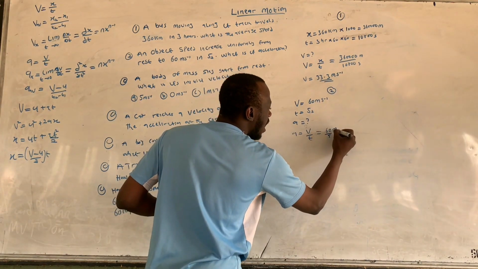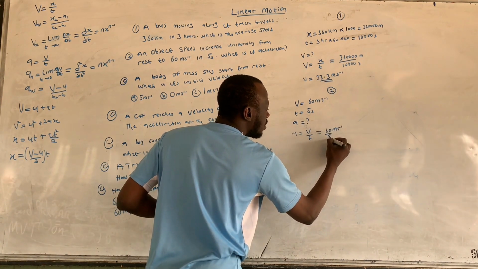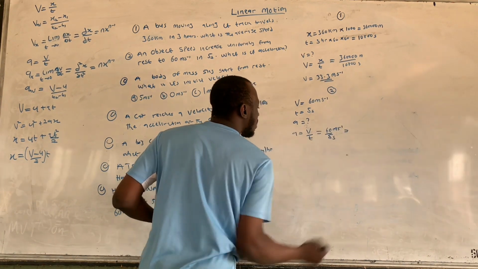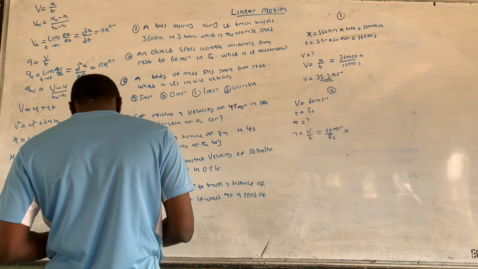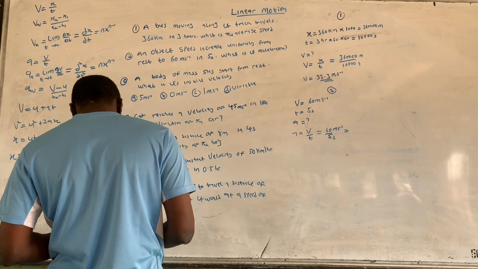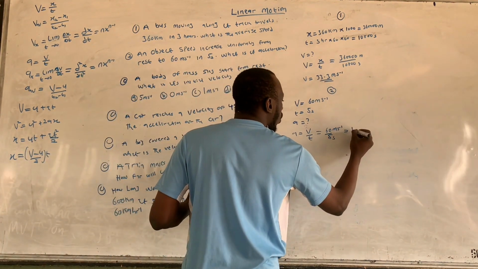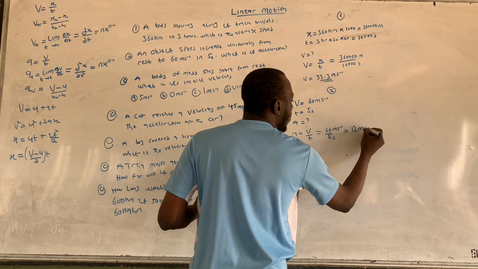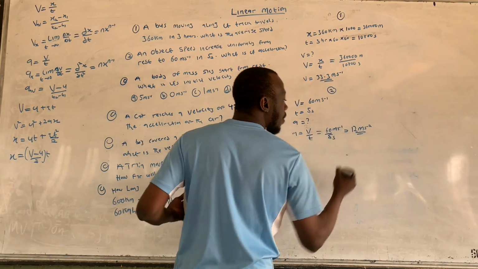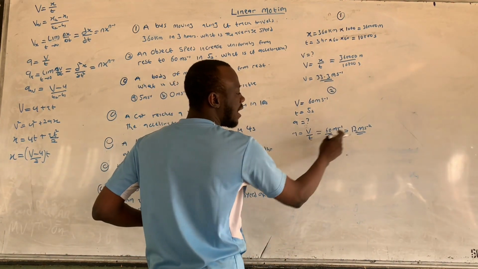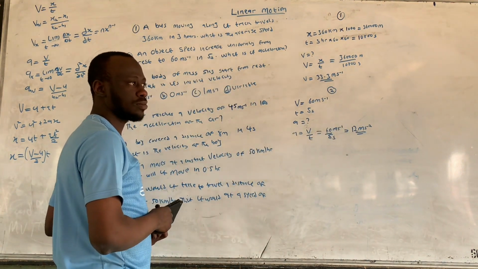Here is meter per second, here is second squared. 60 divided by 5 equals 12 meter per second squared. Remember, acceleration is in meter per second squared.